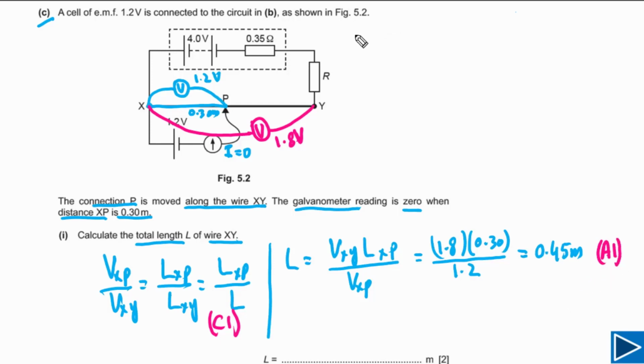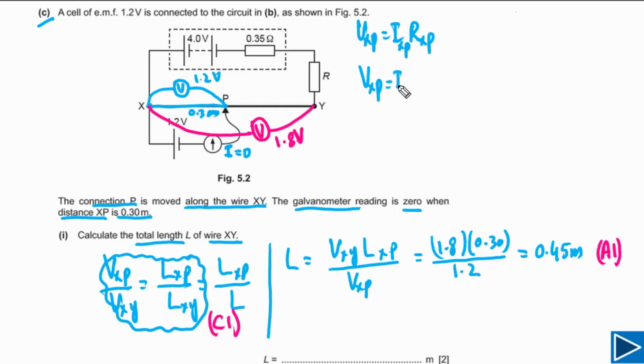Let's try to understand a little bit more about the potentiometer and especially about this relationship, means how we got this one. So let me explain this part. Simply we can say that Vxp is equal to I times R. Here we are talking about the Xp part of the wire. We can say current in that part and resistance of that part. We can also write Vxp is equal to Ixp times the resistance.